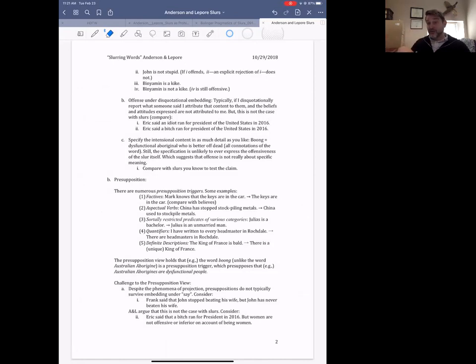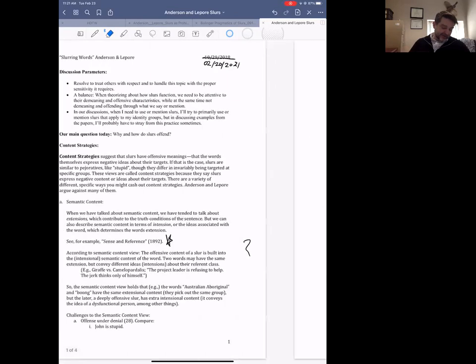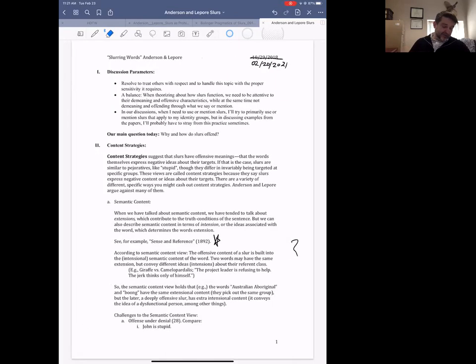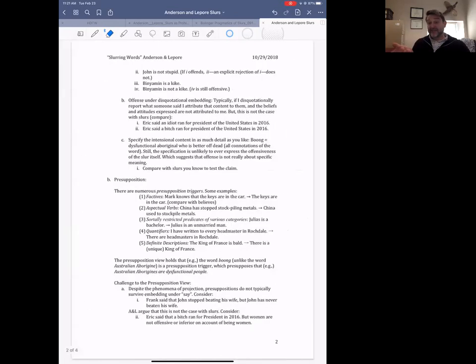So in the case of these kinds of pejorative terms, which are still negative terms but are not slur words, if I negate the thing, the offense goes away. "John is stupid" may be offensive to John; "John is not stupid" is not offensive to John. So a denial of that thing makes the offense go away.